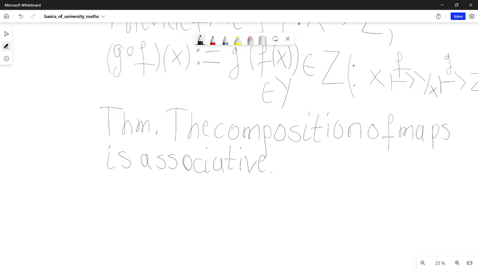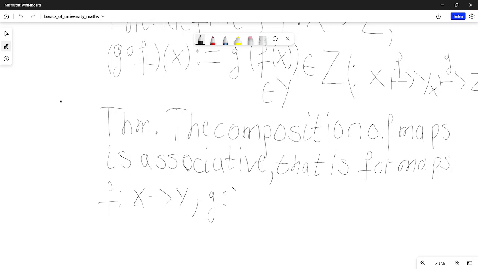What does it mean? Well, it is for maps f from x to y, g from y to z, h from z to w.